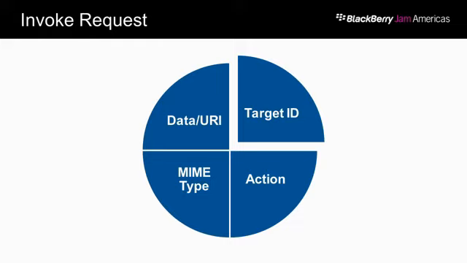The framework will find the best one for you based on what they've said to the framework, right? I'm hoping they've told the truth. So it's always recommended to do an unbound invocation so that you let the user discover more apps through your application. You let the user discover more capabilities that they can carry out from your application, right? And you don't even have to know what's out there.